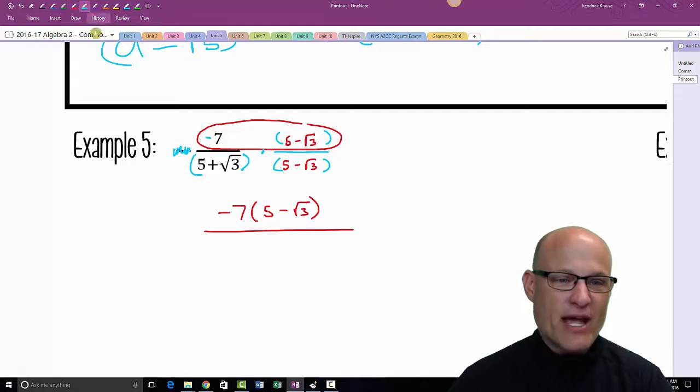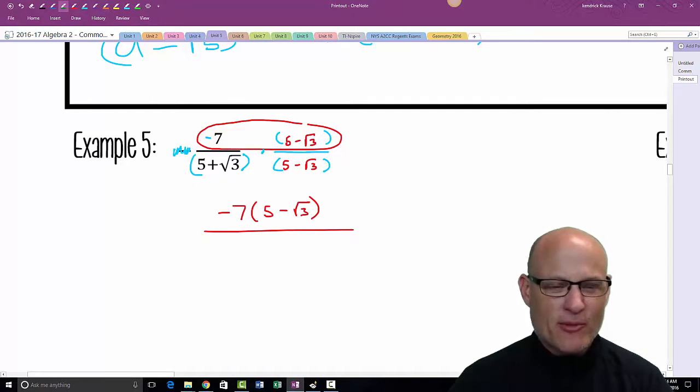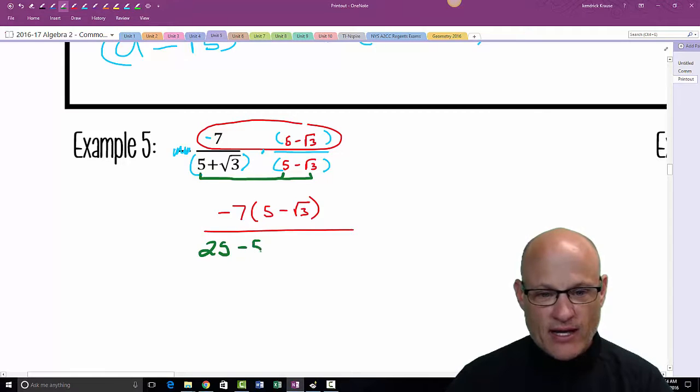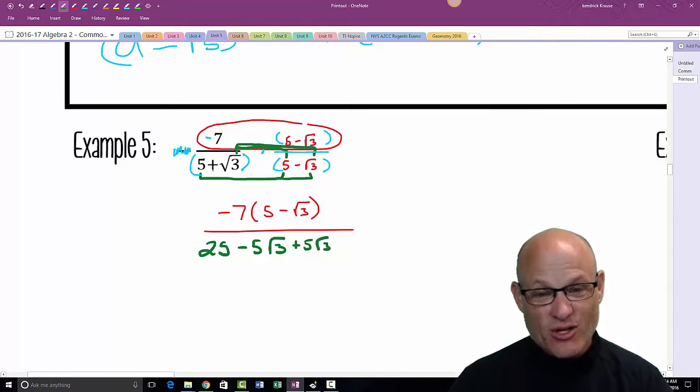Now, in the denominator, we actually should double distribute. You'll find out that we don't need to double distribute, but we're going to do it on this one anyway. 5 times 5 is 25. 5 times negative square root of 3 is negative 5 square root of 3. Square root of 3 times 5 is plus 5 square root of 3. And positive square root of 3 times negative square root of 3 is minus the square root of 9.